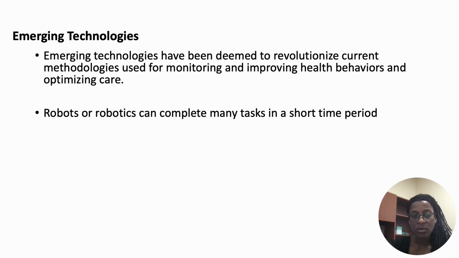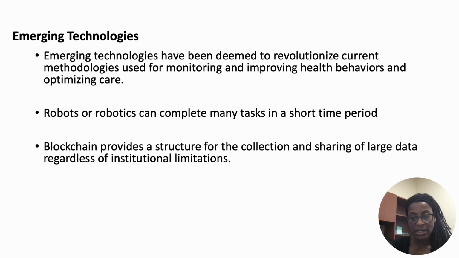So robotics have been identified as potentially increasing the accuracy of care and providing care in a short period of time, because they can complete many different tasks quickly. This is particularly important for environments with limited resources.